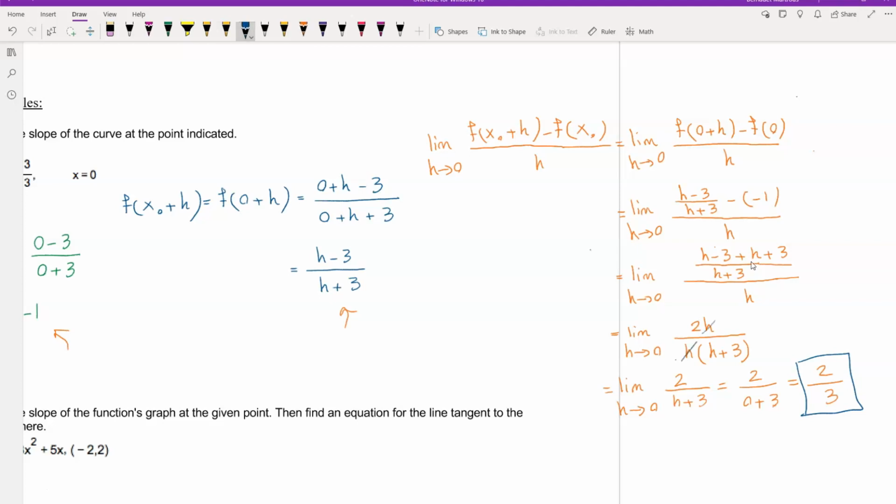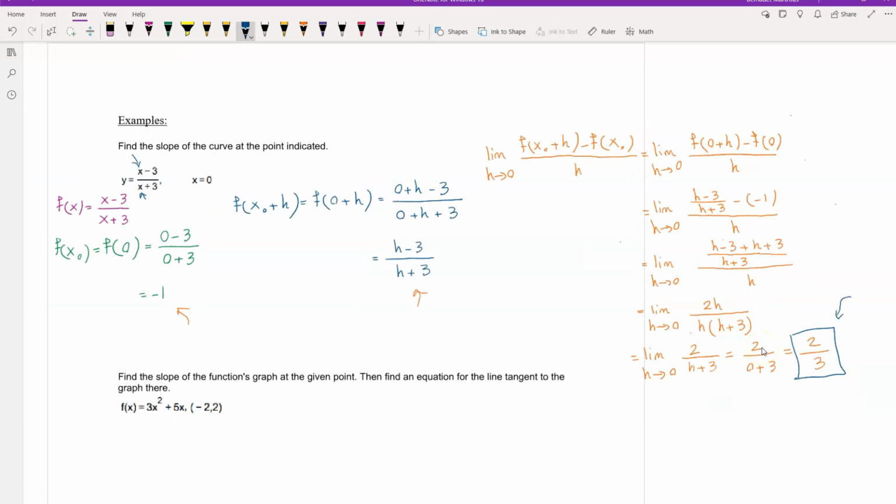So we can cancel that part, and what we have is limit of 2 divided by h plus 3 as h approaches 0. Now using 0 for h in denominator, we have 2 divided by 0 plus 3, and the answer is 2 divided by 3. So this is our final answer, and that is our slope.